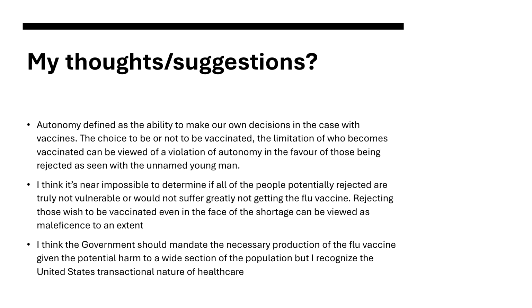It's also impossible to know if all the people rejected are truly not vulnerable or just less vulnerable than those in the vulnerable categories, and they may also suffer from not getting the vaccine, which would be a negative depending on the situation.